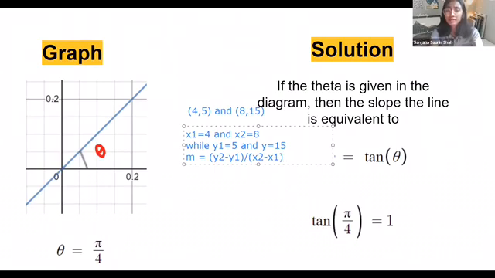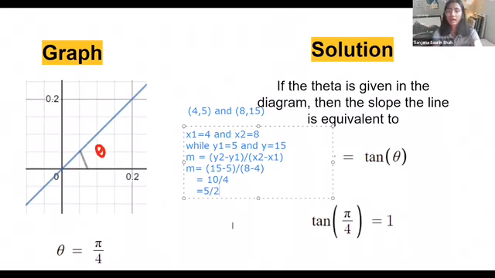This would translate to m is equal to 15 minus 5 divided by 8 minus 4, which is again equal to 10 divided by 4, which would further simplify to 5 divided by 2. So in this case, our slope becomes 5 divided by 2.